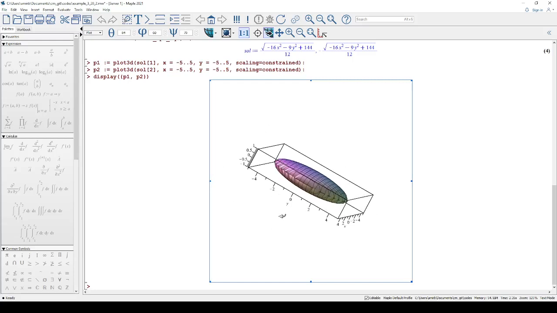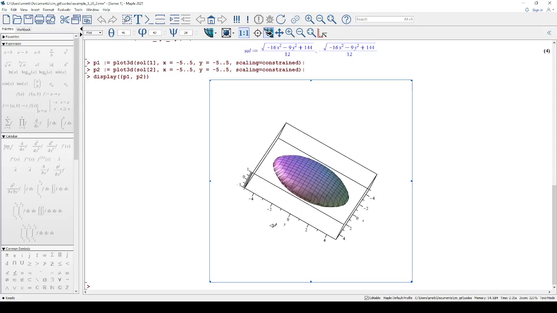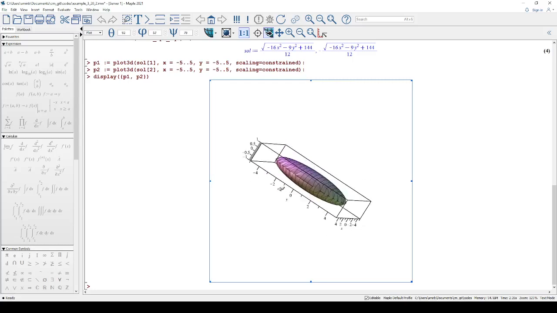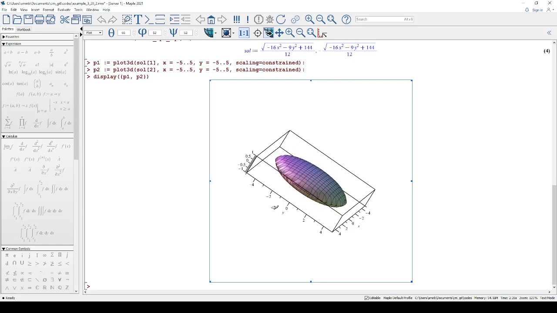So here the pure stretch deformation tensor has been utilized to see how this sphere is deformed into a kind of stretched sphere.